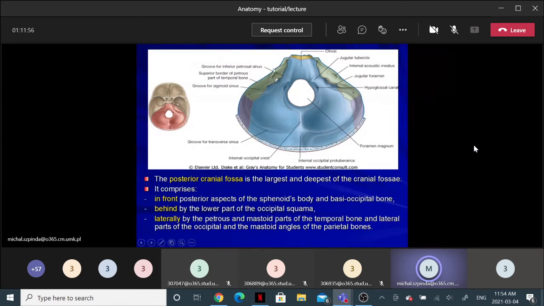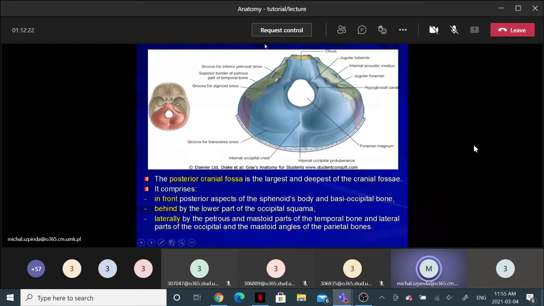That's extremely steep. It looks like a vertical cliff. And a small contribution to the posterior cranial fossa refers to the mastoid angles of the parietal bone.